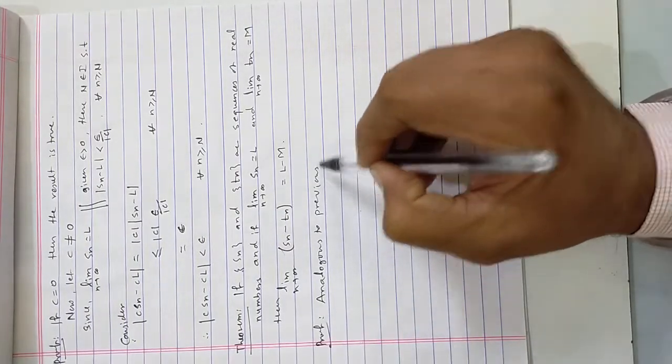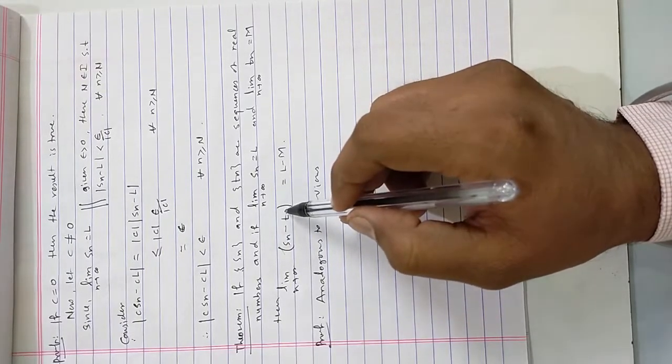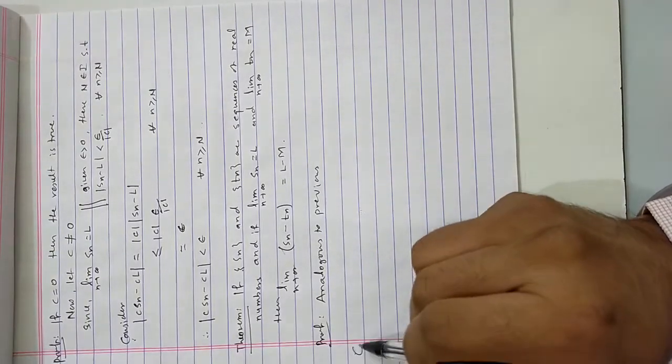Right? We have shown that limit of Sn plus Tn is L plus M. So it is the easy part. So let us go to the next corollary.